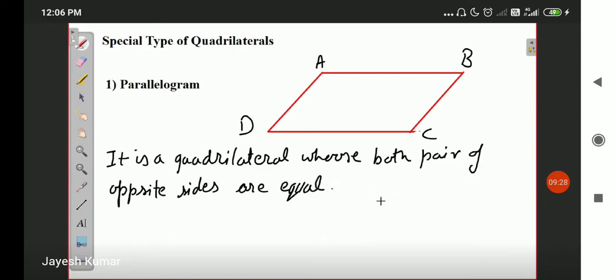Okay, it is a quadrilateral whose both pair of opposite sides are not equal. They are although equal, but in the definition we write it as parallel.